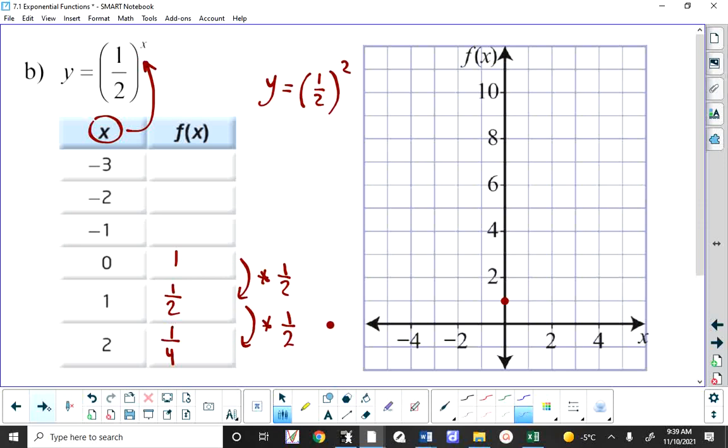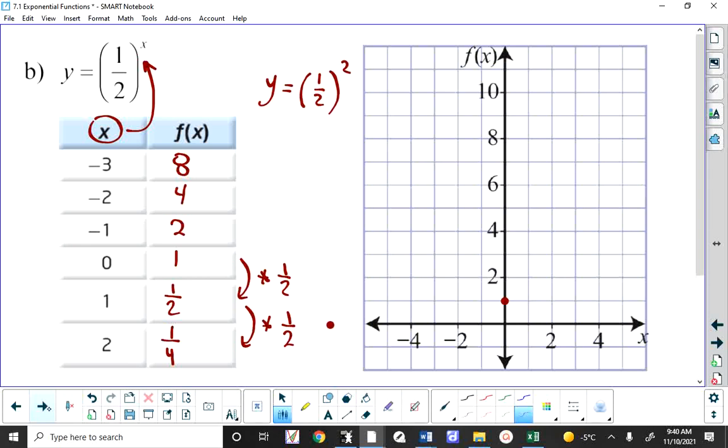So when the base was 4, y was being quadrupled regularly. It was being multiplied by 4. When the base is 1/2, y is being multiplied by a half regularly, which means, everybody, that if you go in the opposite direction, you would be dividing by a half, which is the same as doubling. So if you're going on this table down to larger x's, you're basically dividing by 2 each time, which means you're doing the opposite and you're multiplying by 2 as you go in the other direction.